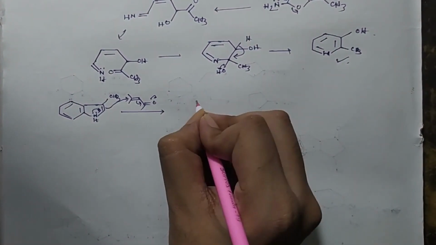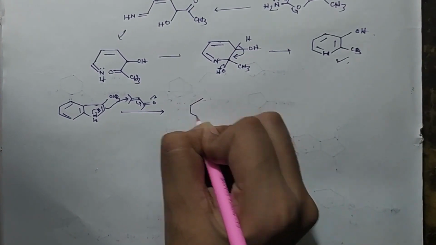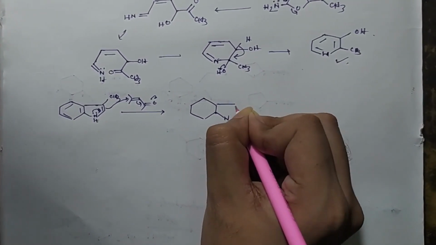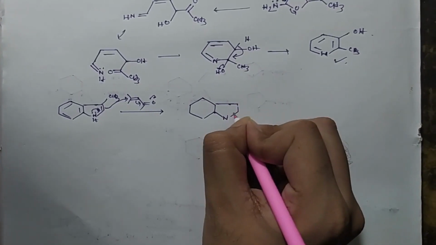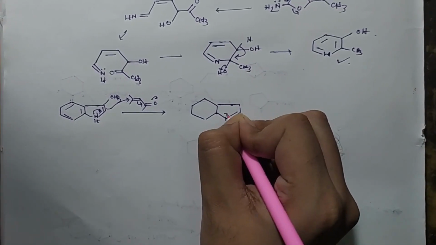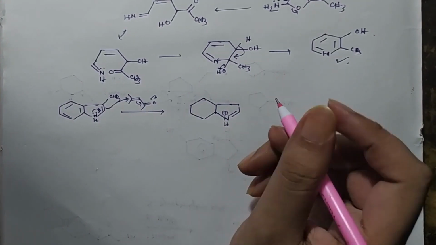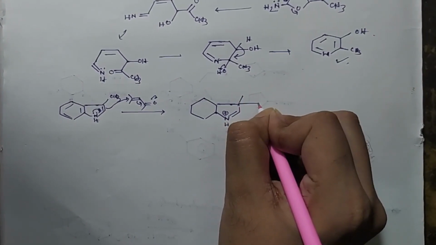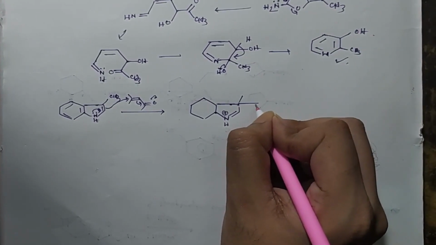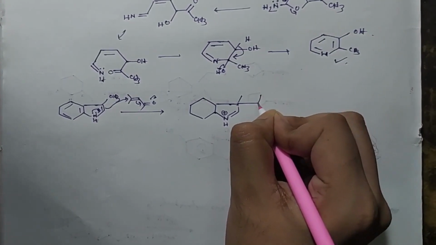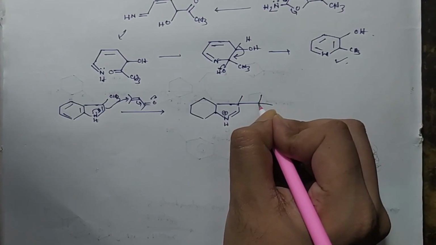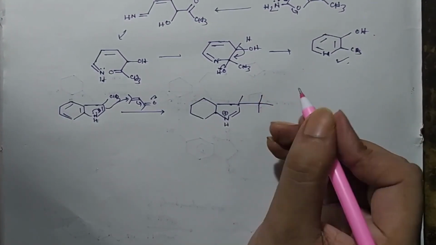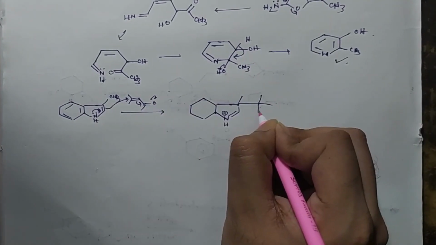So what we get, there was a 2-methyl, and after that this carbon goes here, this again is the bond.